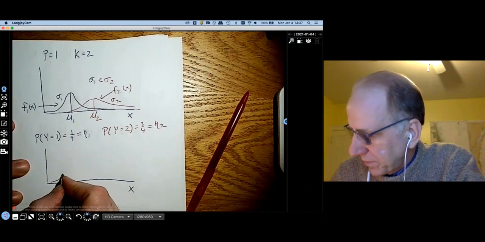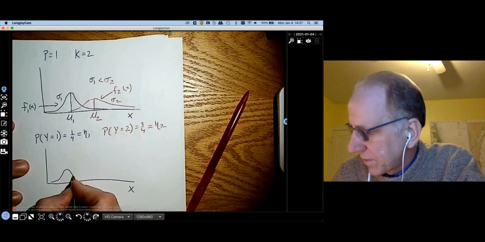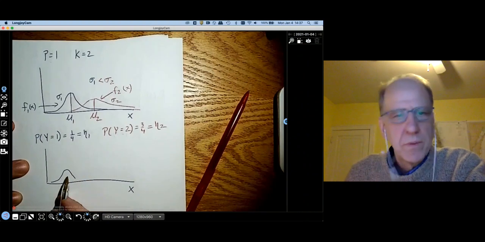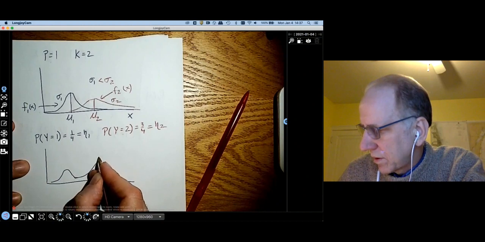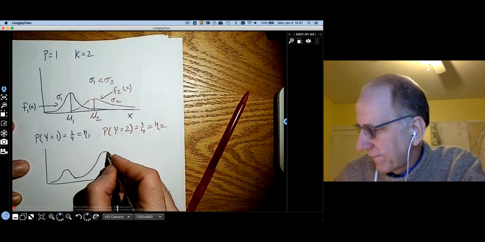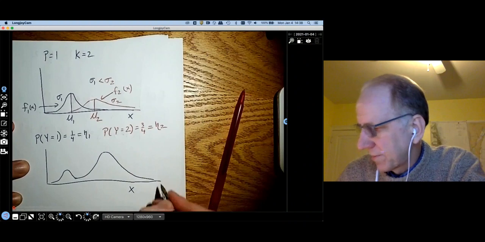So we'd end up with a smaller mode and then a much larger mode.